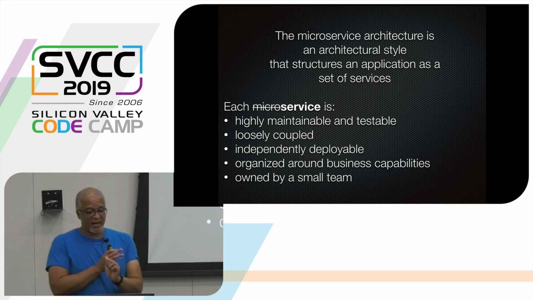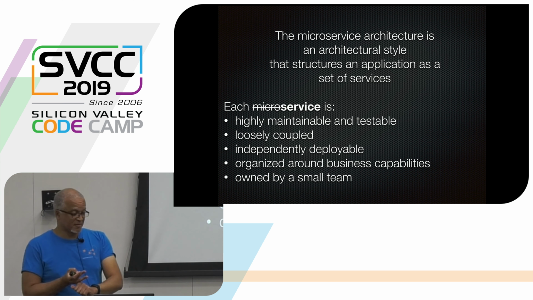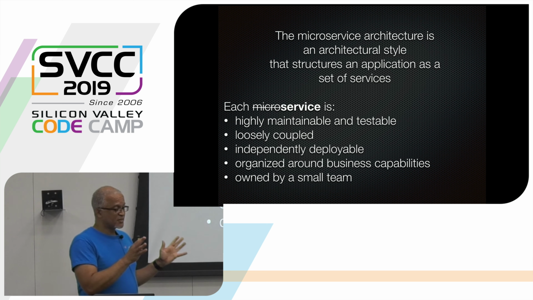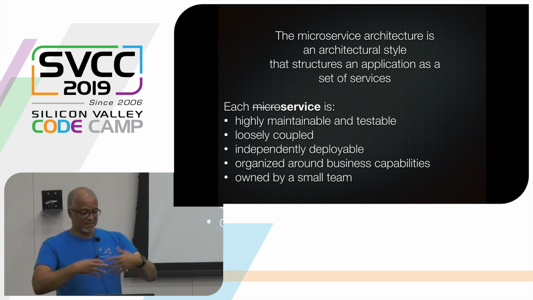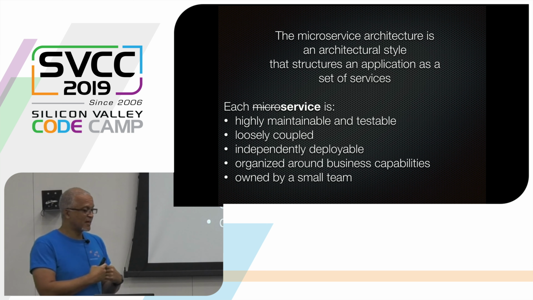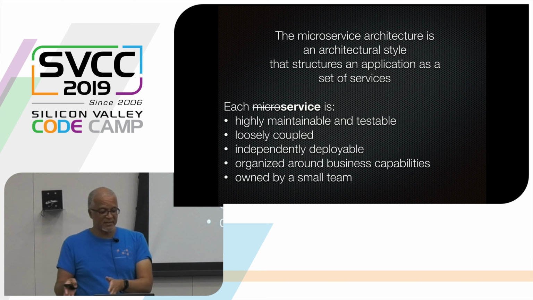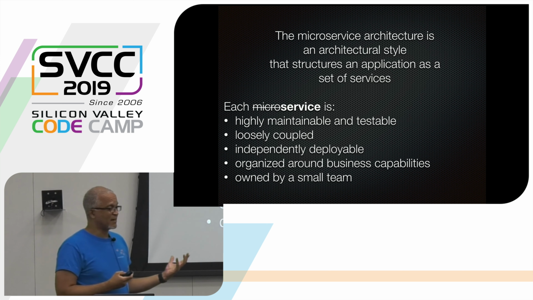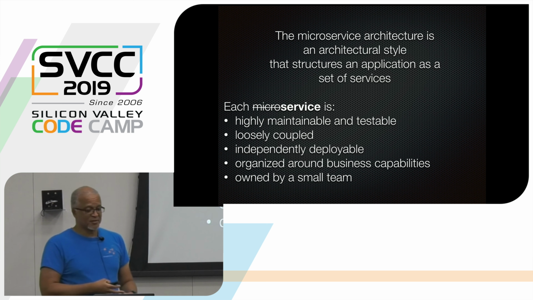It's a way of structuring an application as a set of services, and each service is basically a mini application, where each service is highly maintainable and testable, given that that's the goal. It's loosely coupled, which enables the teams that work on the service to be loosely coupled. It's independently deployable. It tends to be organized around a business function, like account management, customer management, and so on.